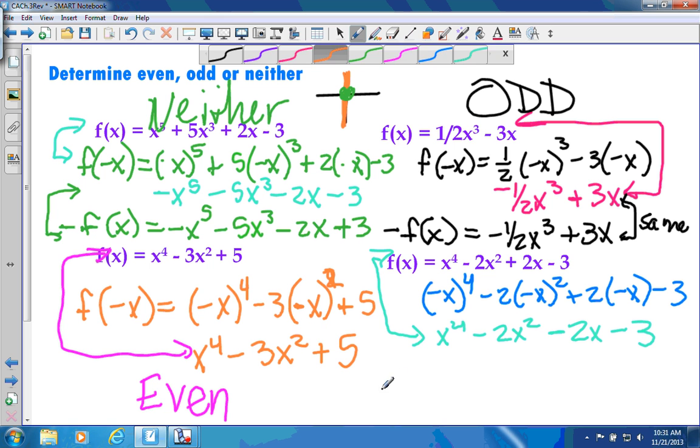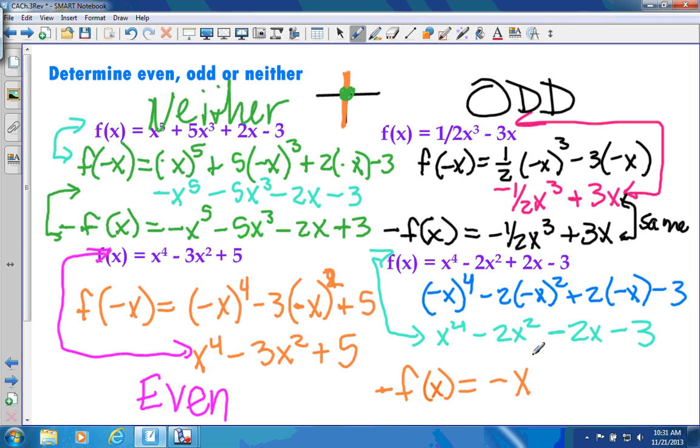And if you take the opposite of f of x, you'd get a negative x to the 4th, positive 2x squared, negative 2x, and a positive 3. These two things are not exactly the same either, so then this one would be a neither.